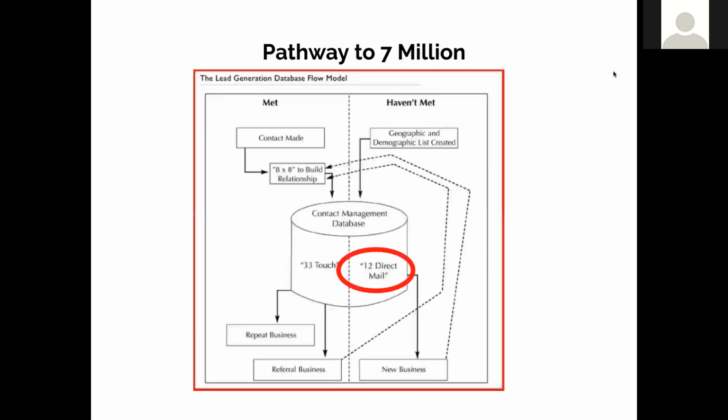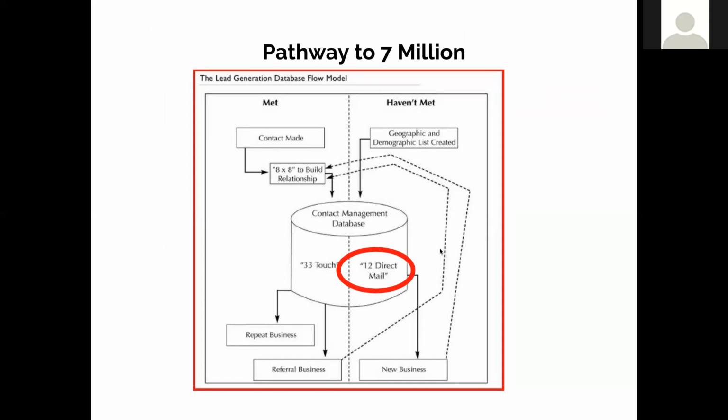Okay, so now we move to the other side of the graph. So far, we've worked on the left-hand side. We've talked about all the people we already know, but we want to build our business. So the people we already know, by staying on top of them, they should be providing us with referrals every year. And those referrals are going to fall out of our 33 touch, right?